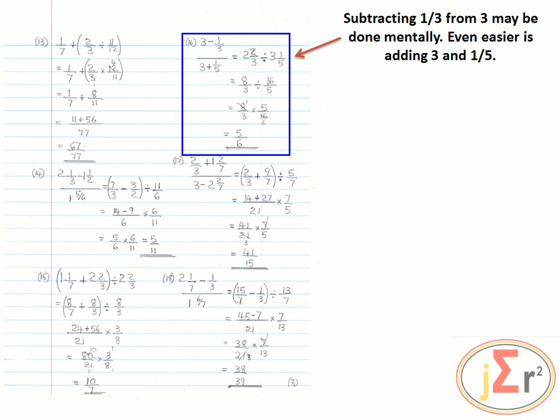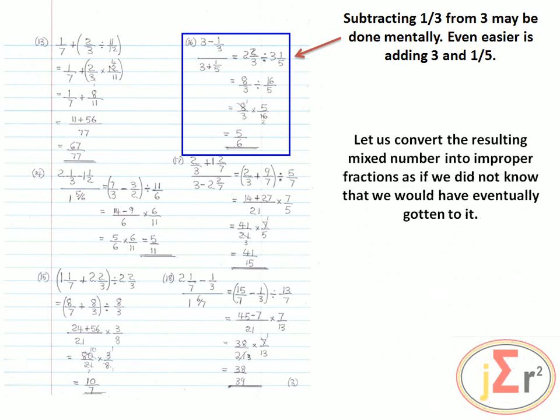So if we add 3 to 1/5, we get 3 and 1/5. That is easy. And if we have 3 cakes and we need to take 1/3 of a cake away, we have 2 and 2/3 left. That's not very difficult. So let us convert the resulting mixed numbers into improper fractions as if we did not know that we would have eventually gotten to it.